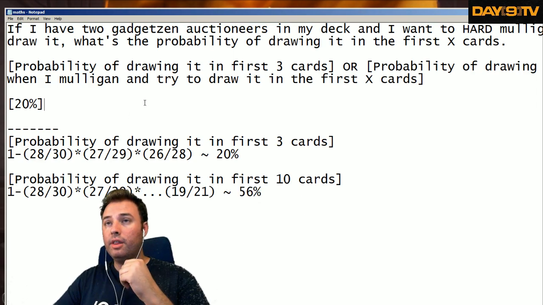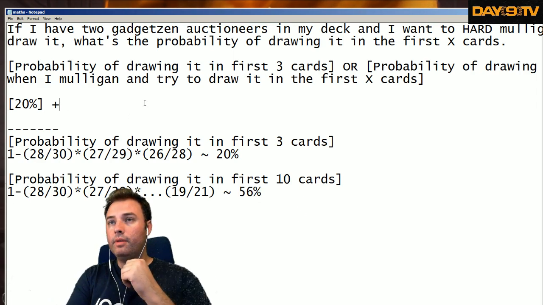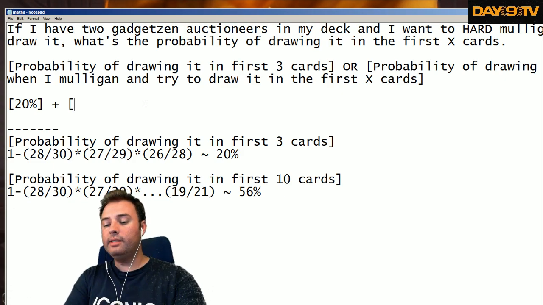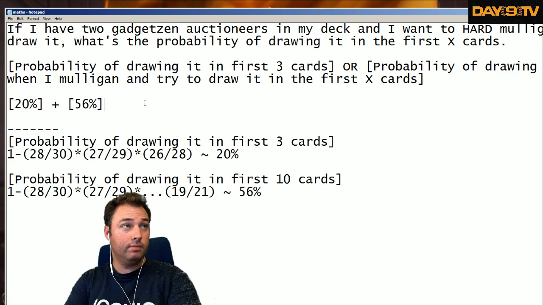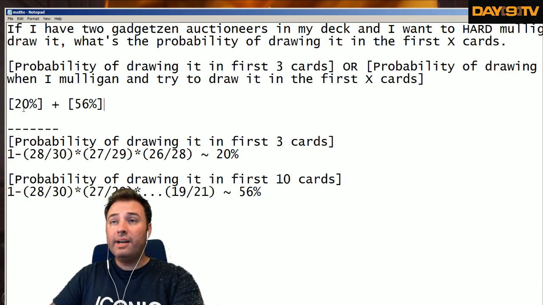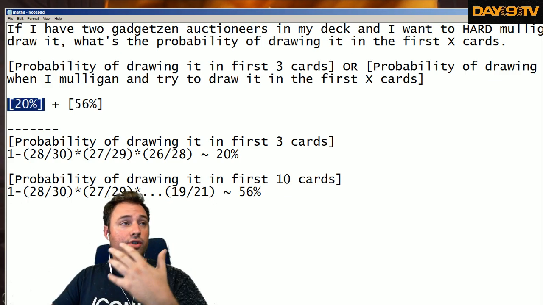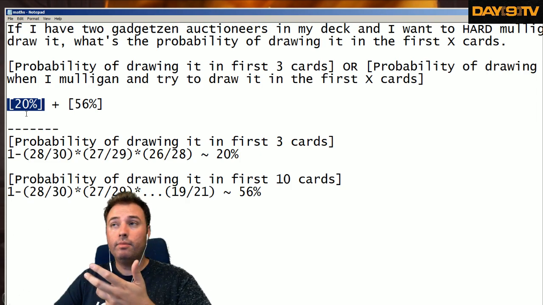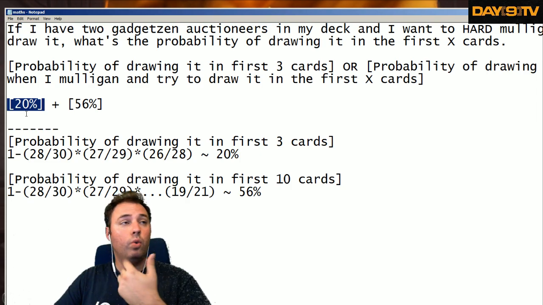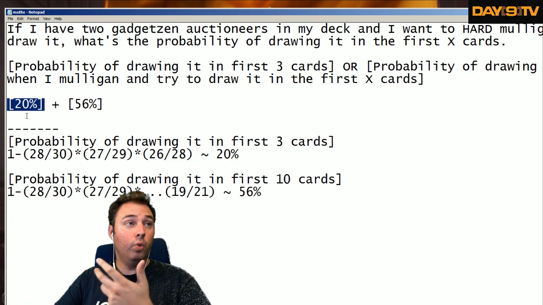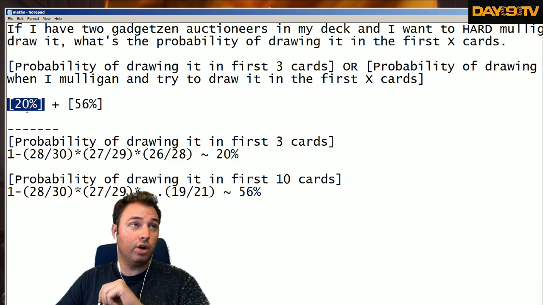Now here's the thing that's a little tricky, is that this is wrong. What I've just typed is wrong, because 20% of the time, we are going to have it in our starting hand.